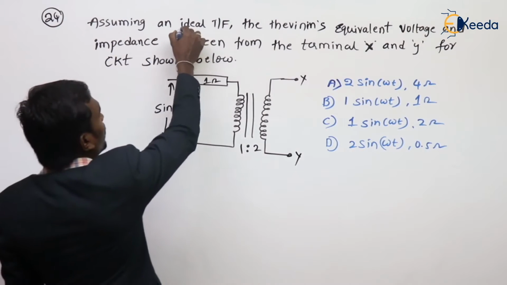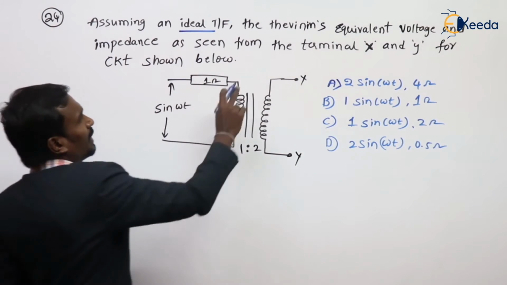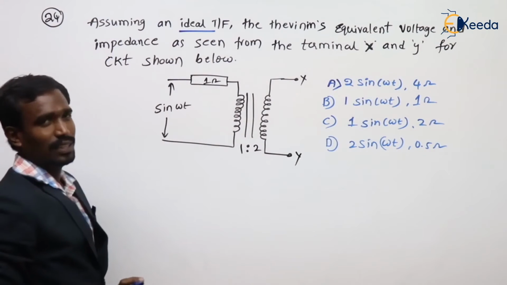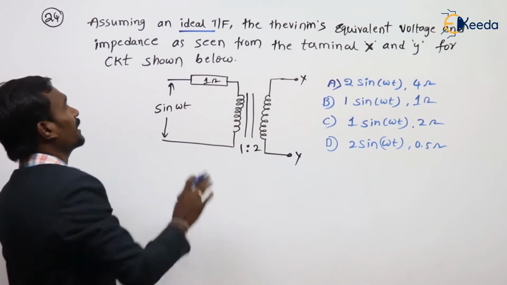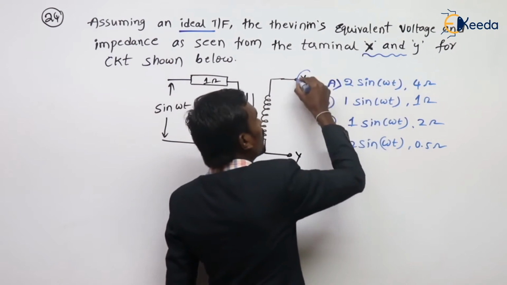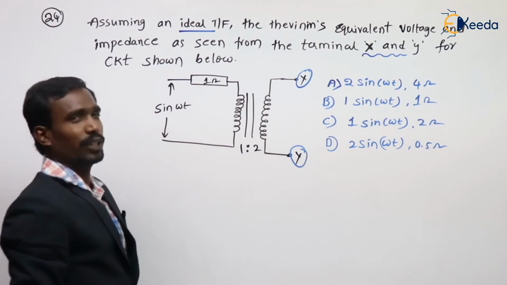In this video, see this question. Assuming an ideal transformer, this is the ideal transformer, find the Thevenin's equivalent voltage and impedance as seen from the terminals X and Y for the shown circuit.